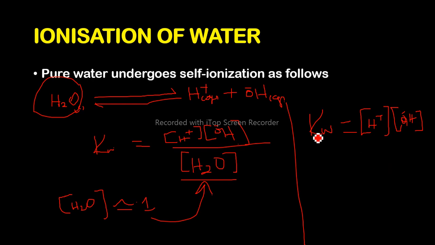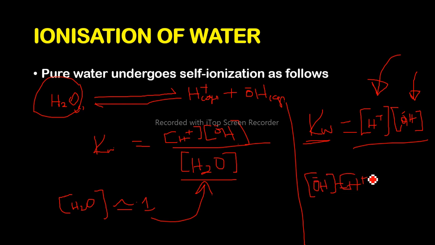Now, if you know the Kw, you can determine the concentration of hydrogen ions, and you can also calculate the concentration of OH⁻ ions, because at equilibrium the concentration of OH⁻ is equal to the concentration of hydrogen ions, which is 1 times 10 power negative 7 moles per decimeter cubed at room temperature.